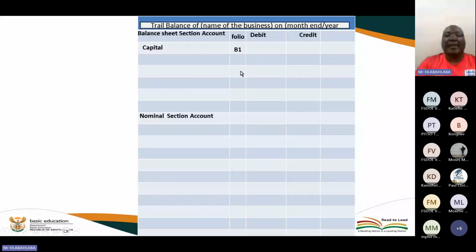And what is important, the money of capital under the trial balance will always be on the credit side. Just remember that. Even if you are given the information to do the trial balance, when you see capital, remember capital falls under the balance sheet section account, and the money must go to the credit side.